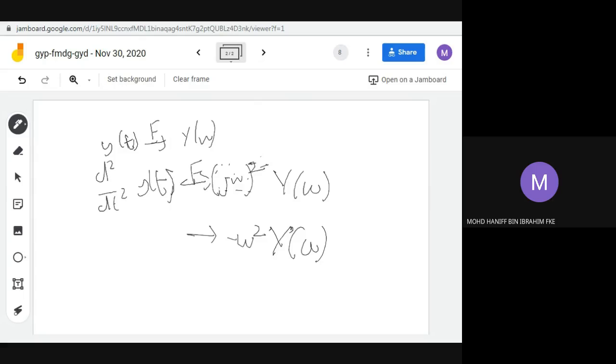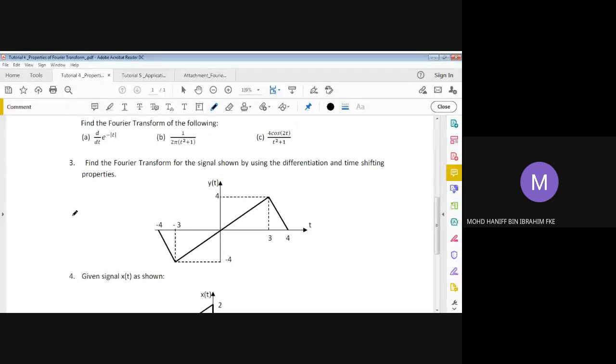Right, so allow me to go back to this PDF file of the tutorial. From what we have obtained just now, when we have d squared of y(t) over dt squared, it consists of 4 impulses.